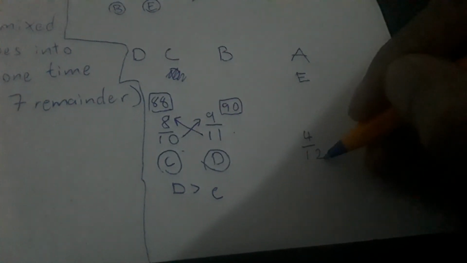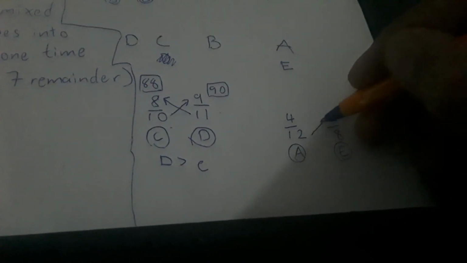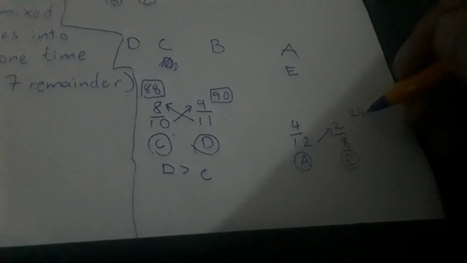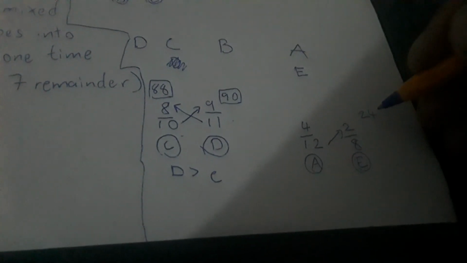Then we just need to compare A and E. Let's go back to A, 4 over 12, compared to E, 2 over 8. 2 times 12 is 24, and then 8 times 4 is 32.